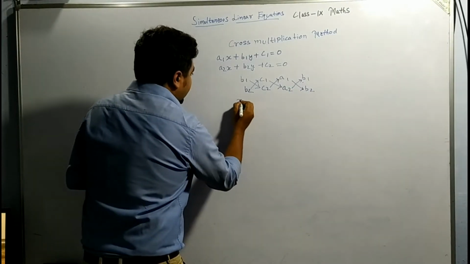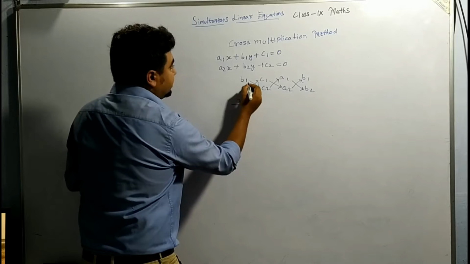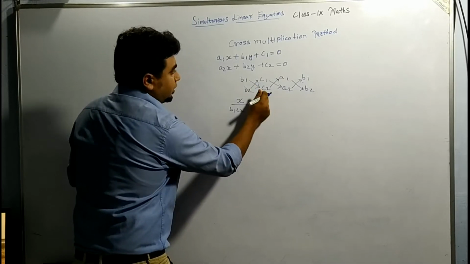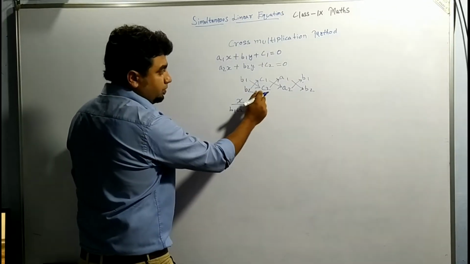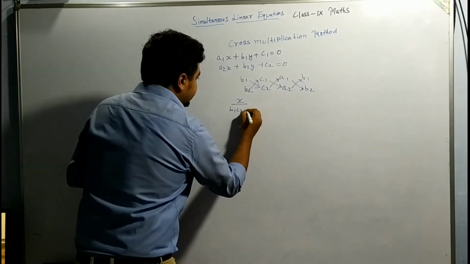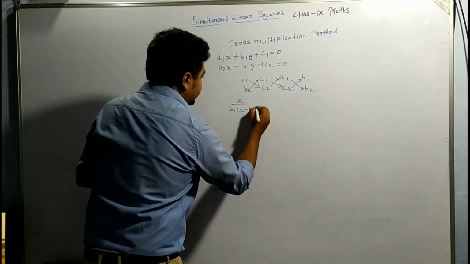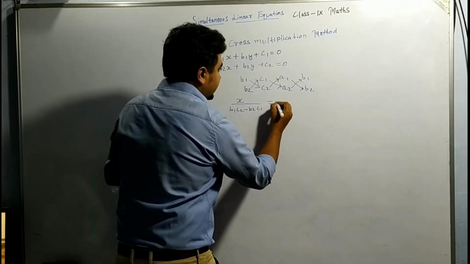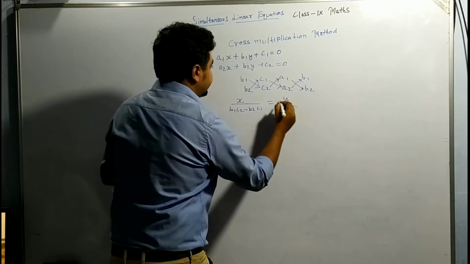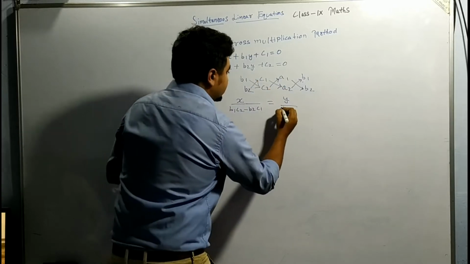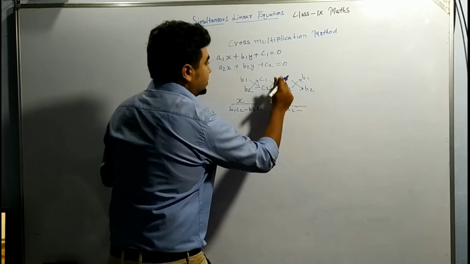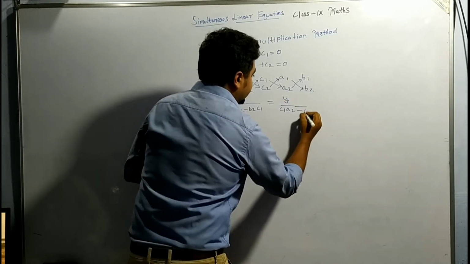So I will write x by b1 into c2. I told you the down arrow means plus, and minus b2 c1, since the up arrow means minus sign. Then y by c1 into a2 minus, up arrow, c2 a1.